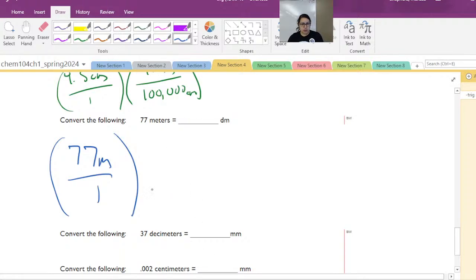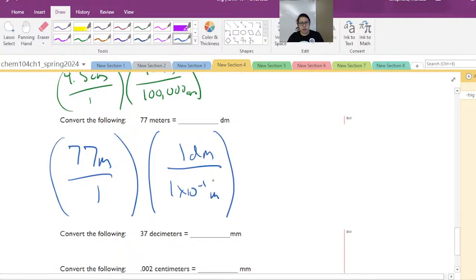What about 1-step? What's the conversion factor again? 1 decimeter over 1 times 10 to the -1. So 1 decimeter is 1 times 10 to the -1 meters.